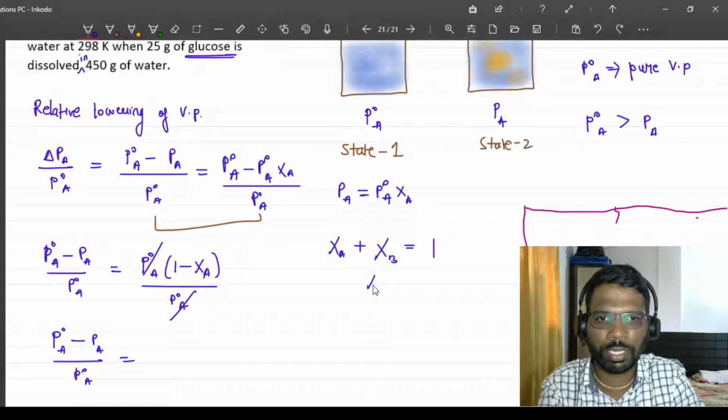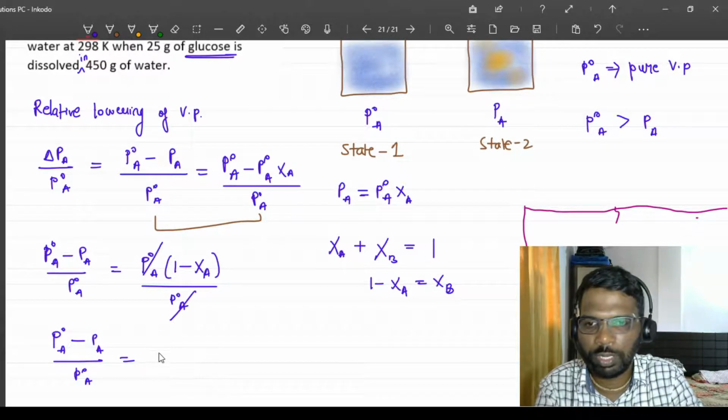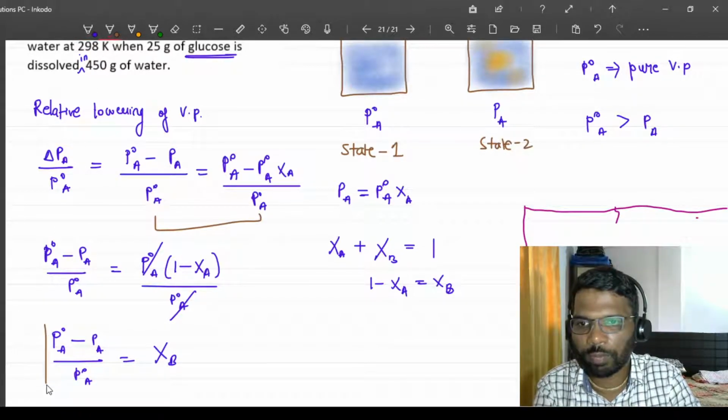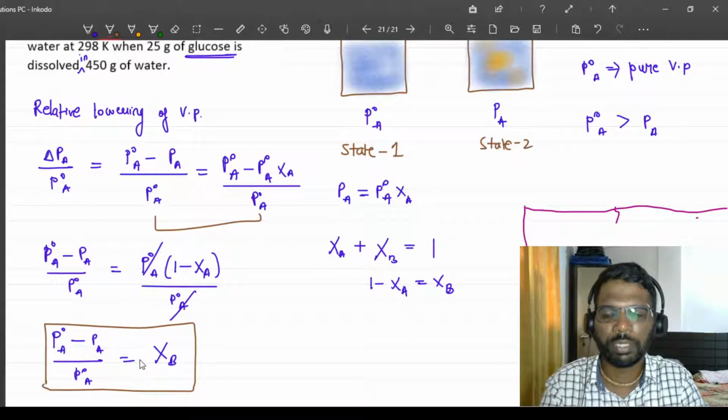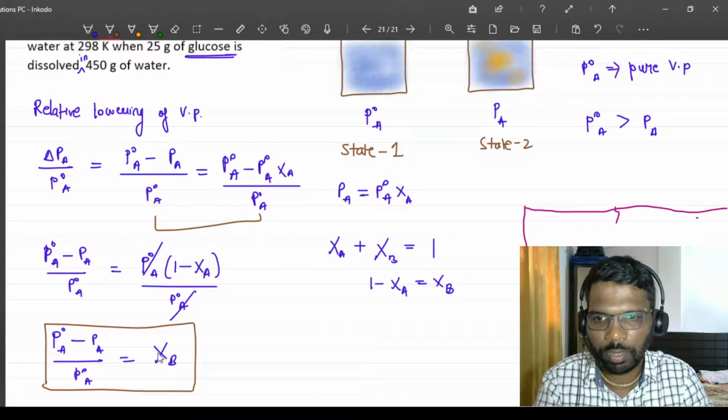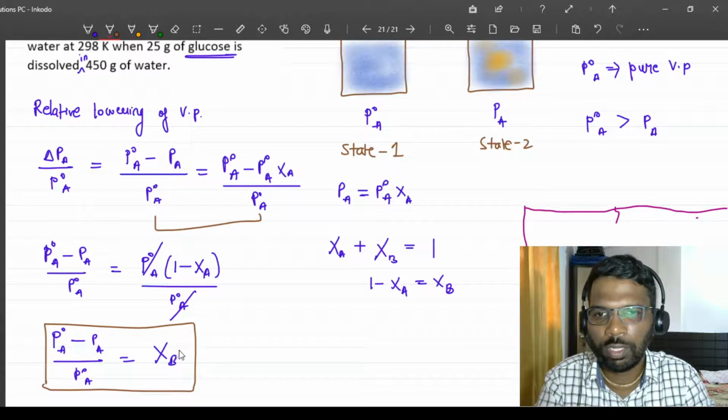So from this equation I can write 1 minus XA is equal to the mole fraction of B. If I take this XA over here, it will be the mole fraction of B. So this is the formula which you can remember: relative lowering of the vapor pressure is equal to the mole fraction of the solute.